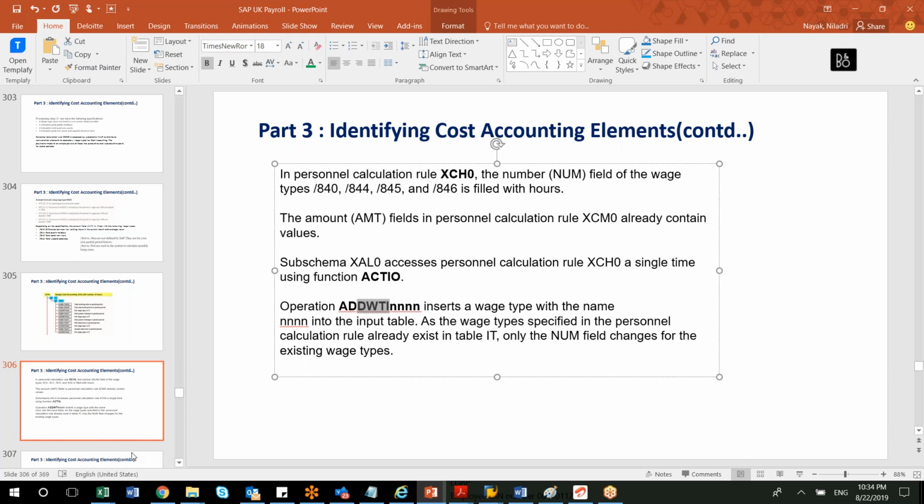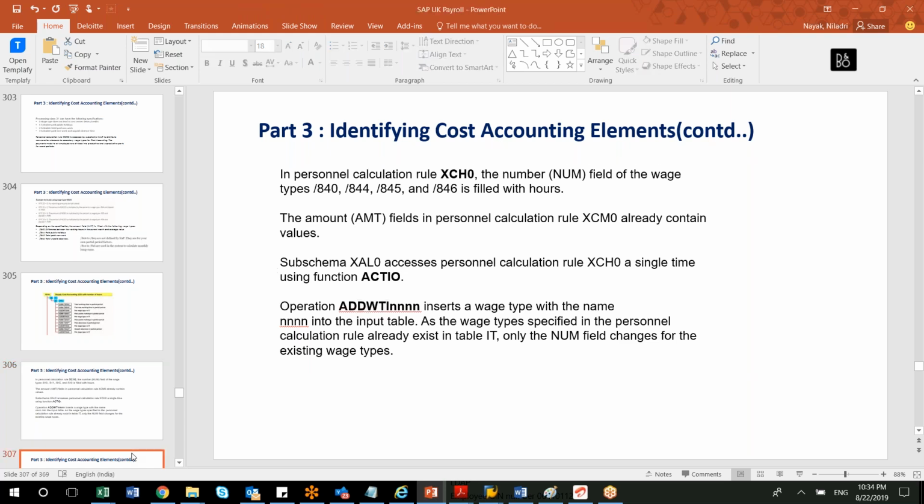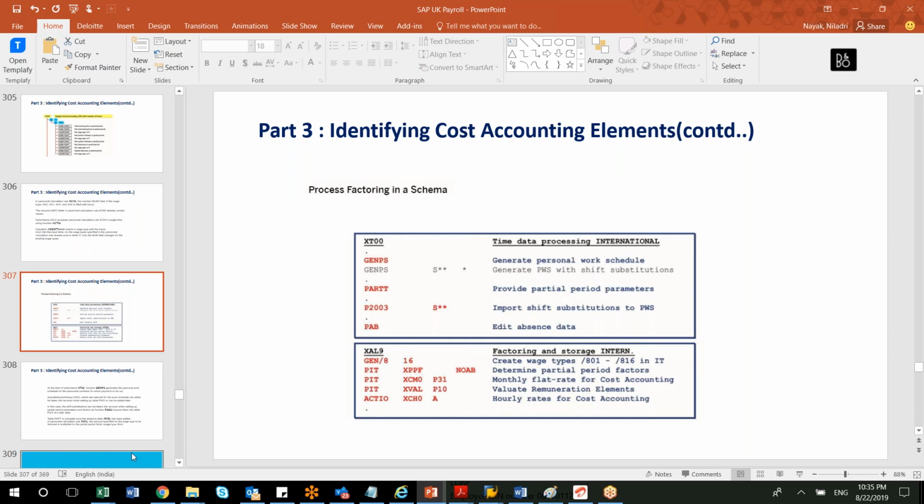But again, I will suggest you go through this and generate. Process your payroll by modifying this processing class. First you have to remember what the original processing class is. Then you run the payroll and see the log. After that you again make the changes and see the differences.